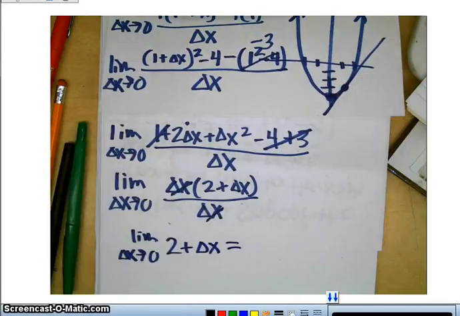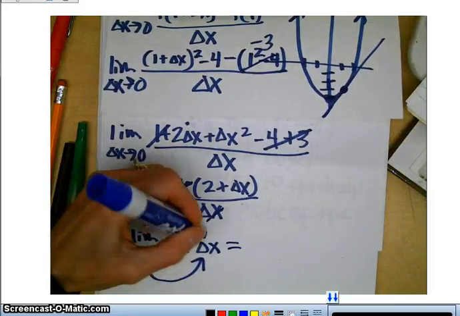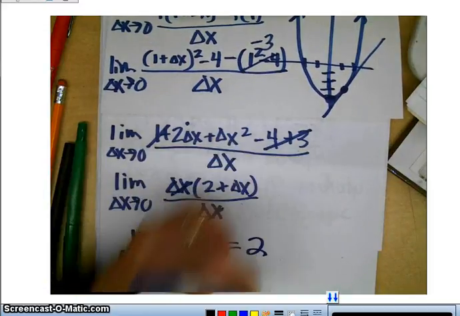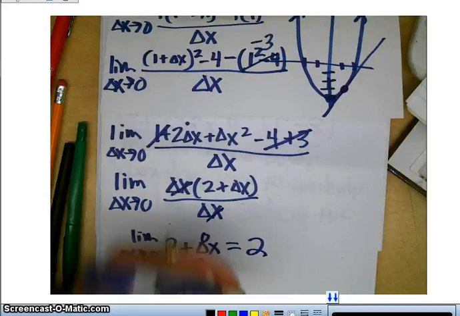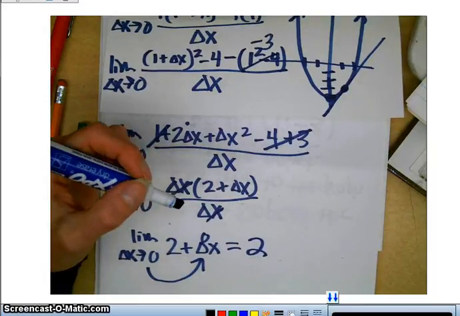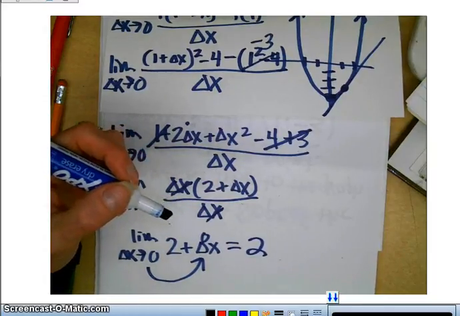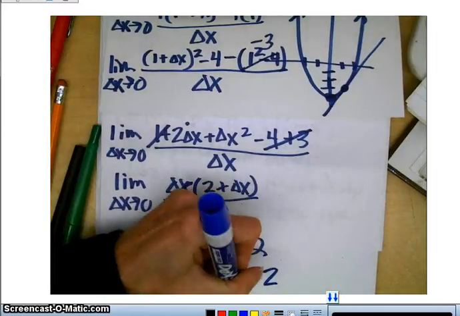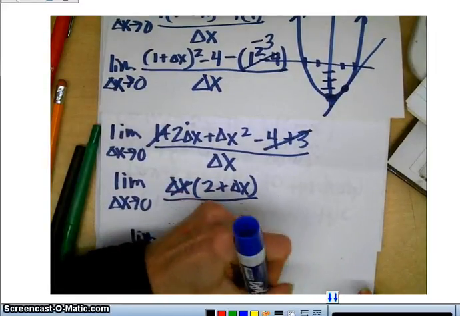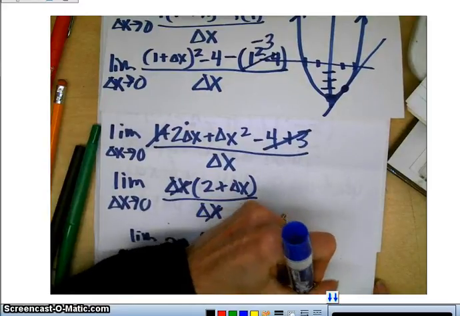What does that give me when I put 0 in for delta x? 2. And what does that formula equal on page 97? It equals m, the slope of the tangent line. 2 is the slope of the tangent line.